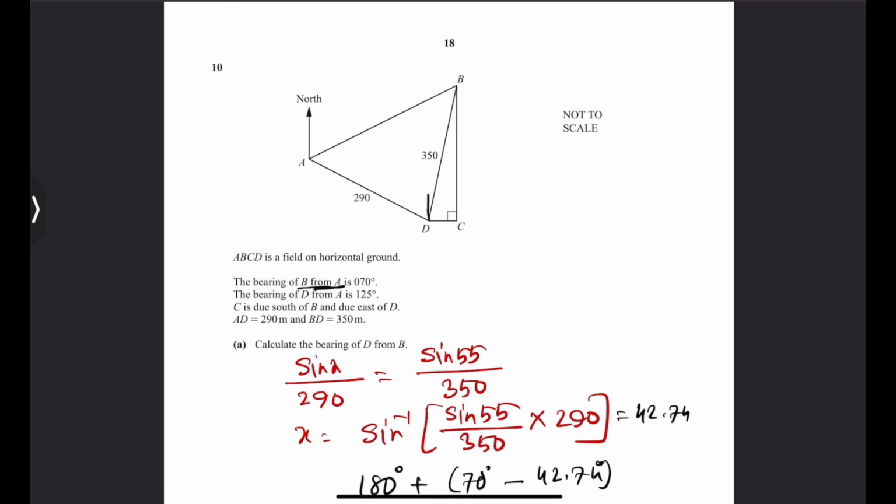Question B. A vertical mast is positioned at D. This is the vertical mast, and it creates an angle of elevation of the top of the mast from A of 10 degree.